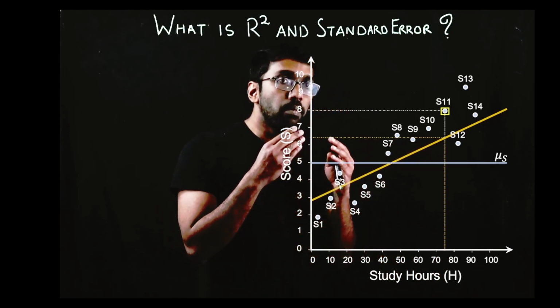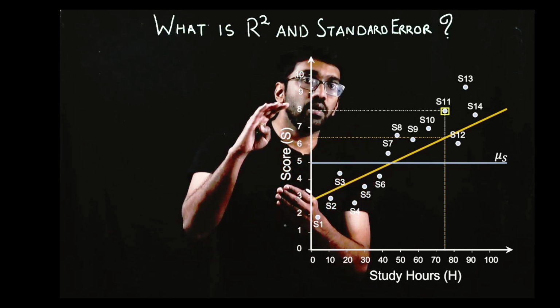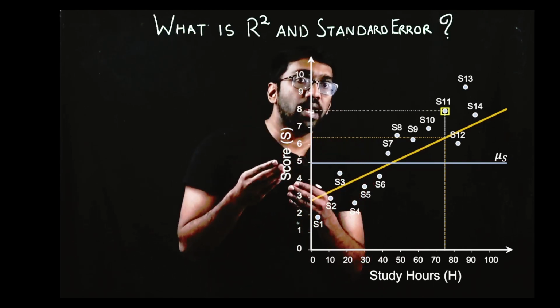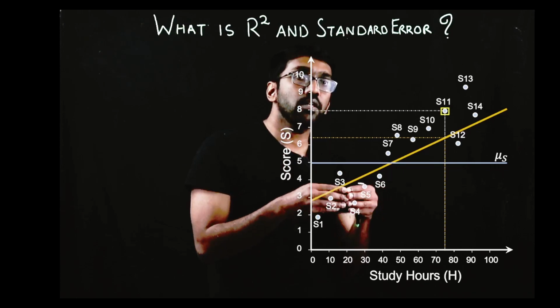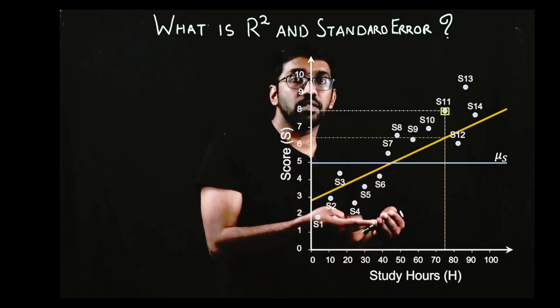So there is a part of this variance in the score that is explained by the model, and there is also a part which is not explained by the model, which is the residual.